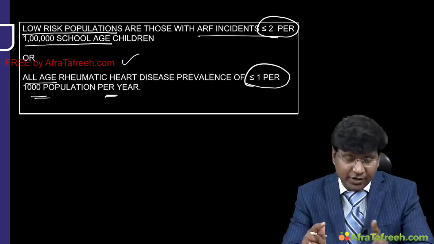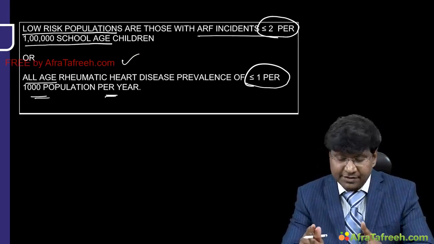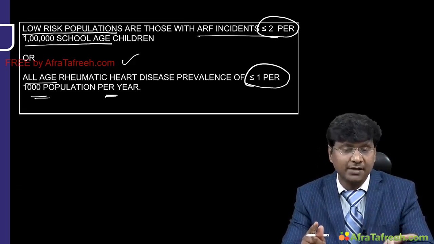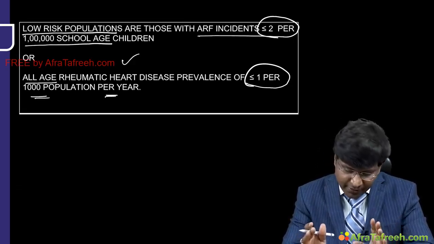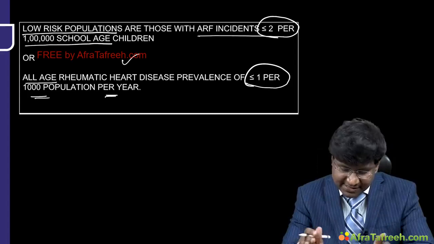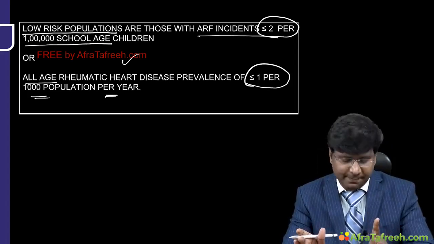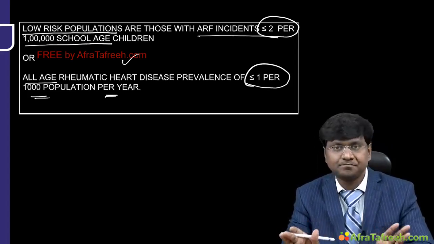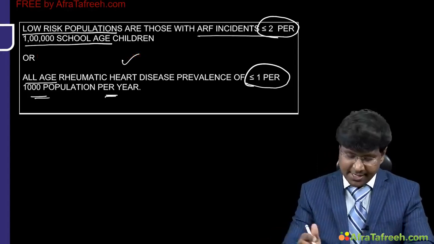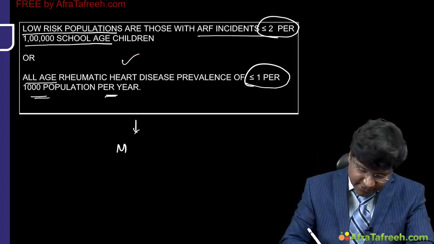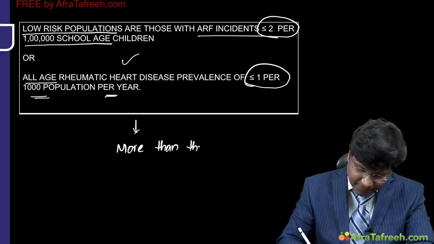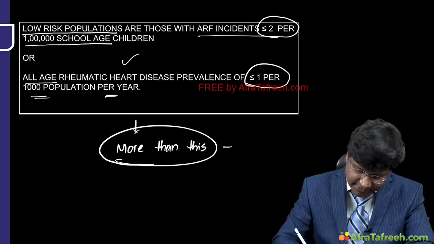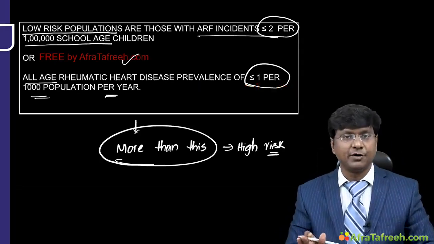If it is school aged children, the number of cases should be less than or equal to 2 per 1 lakh population. If you take any age, if the incidence in that particular area is less than or equal to 1 per 1000 population per year, that is also low risk. And anything more than this we call the high risk population.